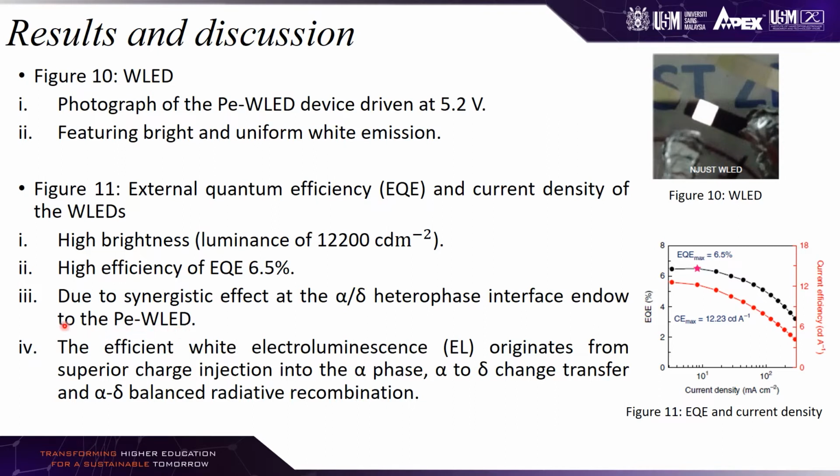The efficient white electroluminescence, which we can simplify as EL, originates from the superior charge injection into the alpha phase, alpha to delta charge transfer, and alpha with delta radiative recombination. So we can see here for the EQE, with the black line, the maximum we can reach is 6.5%.